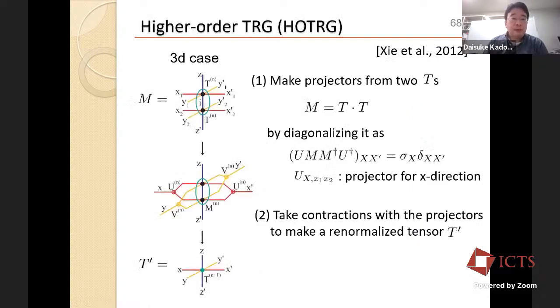The renormalization step of higher order TRG is made of two steps. The first step is making projectors from two tensors. And the second step is to make a renormalized tensor by contracting two tensors with the obtained projectors. However, the cost of HOTRG is high, and ATRG improves the cost of HOTRG.